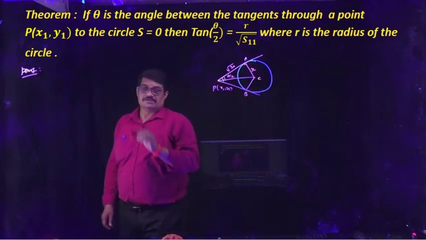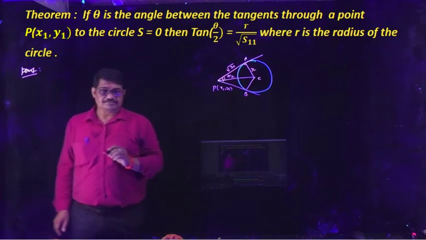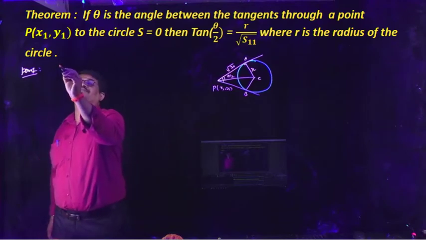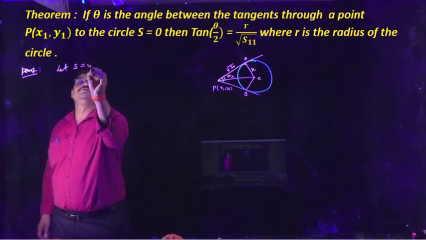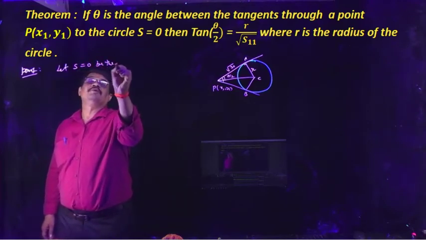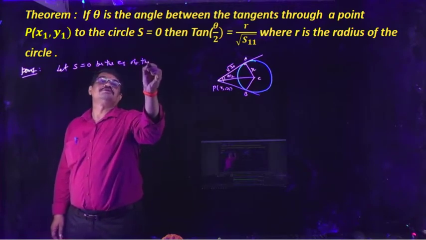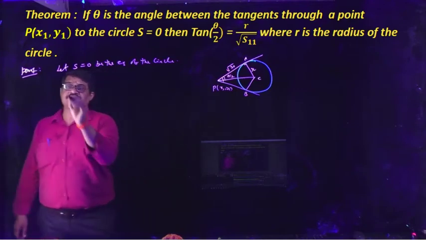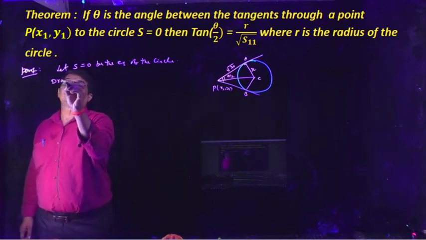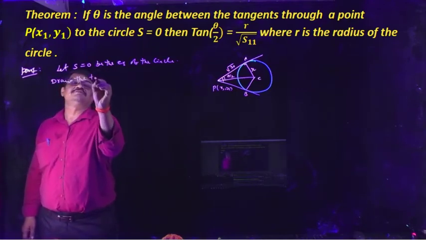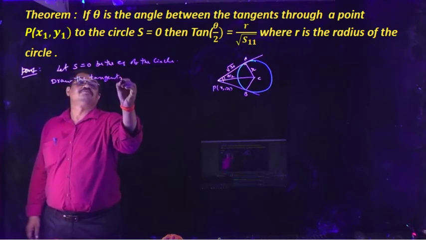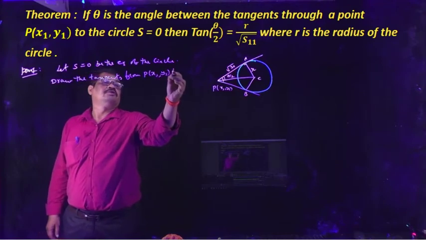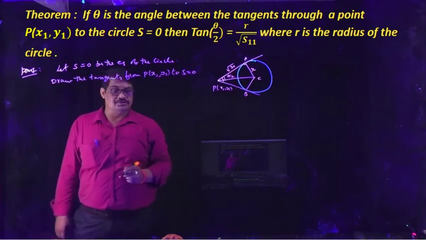See the proof here. Let S equal to 0 be the equation of the circle. Draw the tangents from P (x1, y1) to S equal to 0.